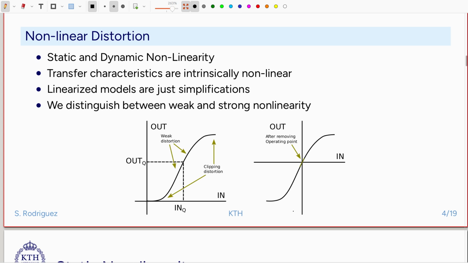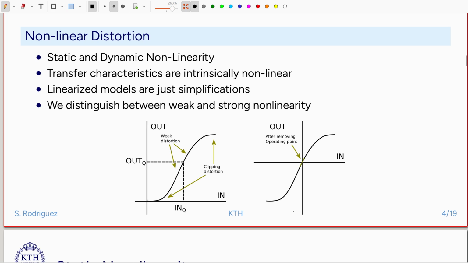So the transfer characteristics are intrinsically nonlinear due to the nonlinearity in the devices, and we remember what we did during the first lecture. We plot the input and the output voltage or currents; it can be any amplifying quantity.